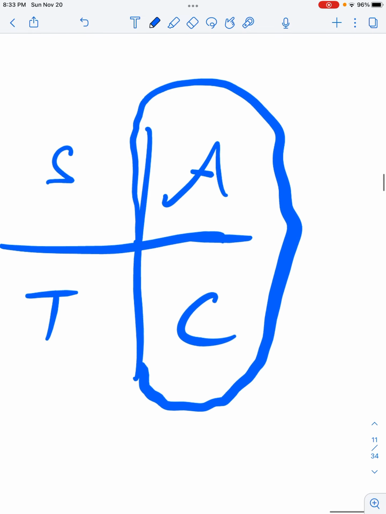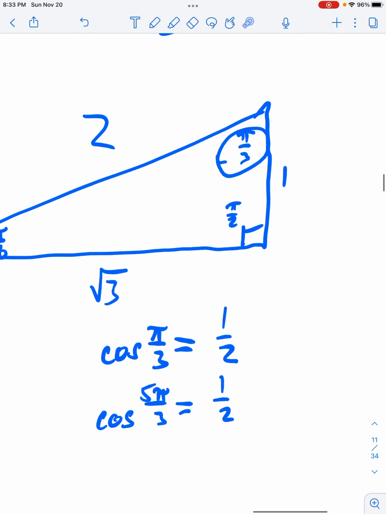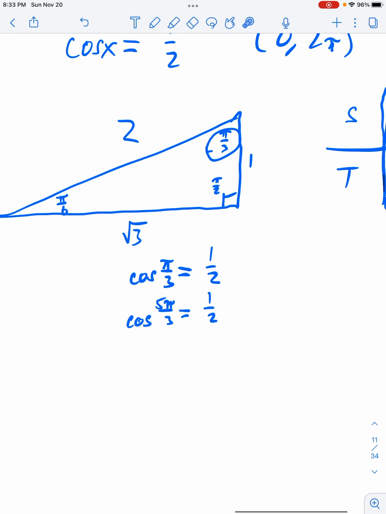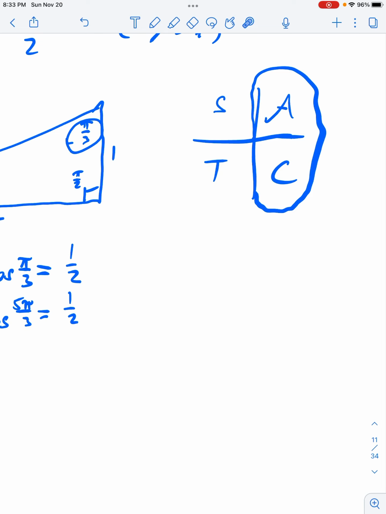So we know in the first quadrant, cosine's positive. Drawing our special triangle here, cosine is adjacent over hypotenuse, SOHCAHTOA. Cosine of pi over 3 equals 1/2. In the second and third quadrants cosine is negative, so it can't be equal to 1/2 there. In the fourth quadrant, cosine is positive again.